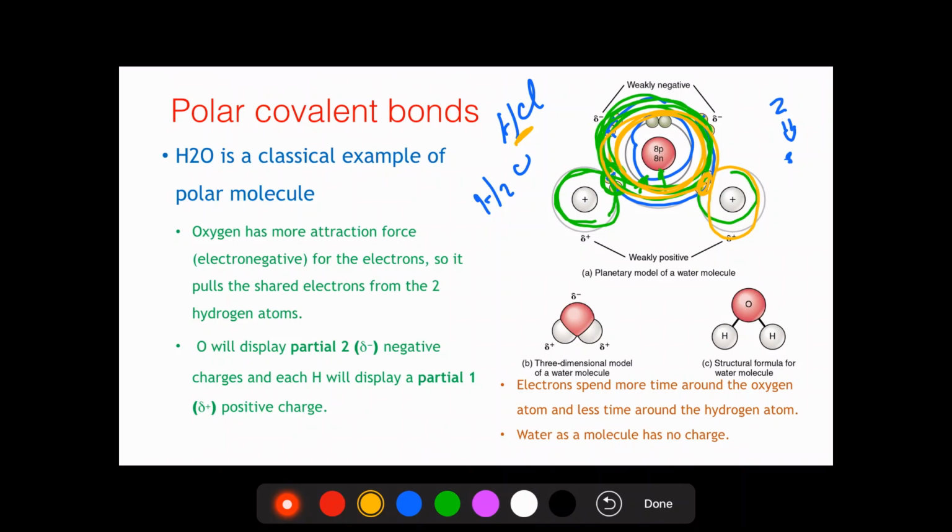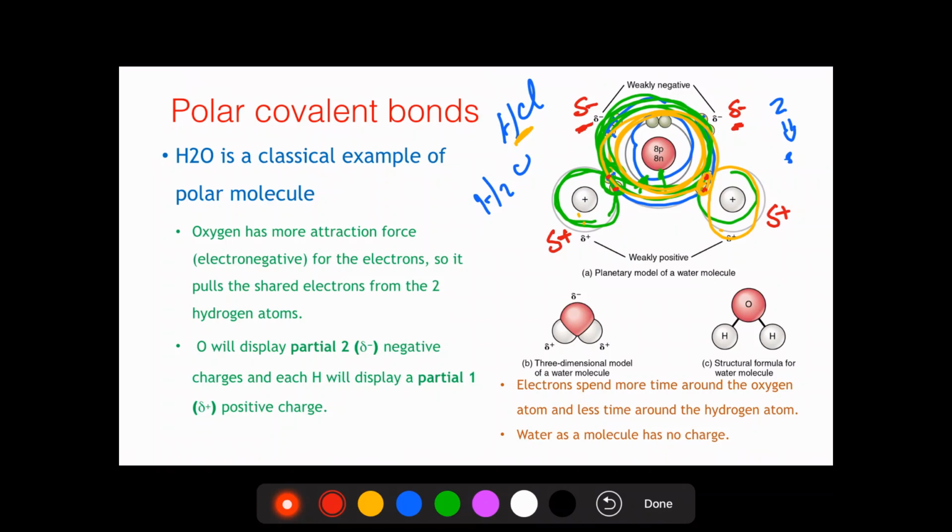So this would make both hydrogens display a slight positive charge, and the oxygen atom will display slight negative charges. Here it's displaying 2 slight negative charges because it received 2 extra electrons, right?